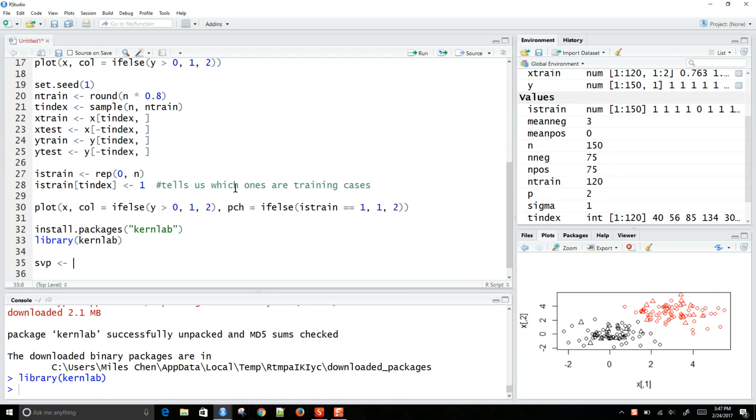We're going to store this as the results here, and the command we're going to use is ksvm for our support vector machine, okay? And we're going to take in our training X, our training Y, and then for here we're going to use type C-svc, okay?